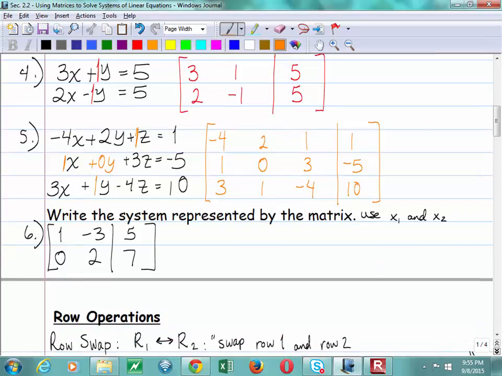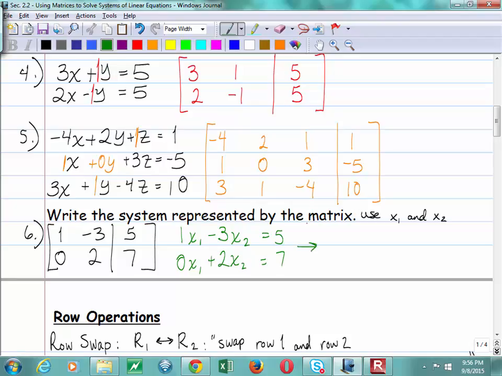Alright, and then number 6, we want to write down the system represented by the matrix, and in this case they've instructed us to use x1 and x2 for our variables. So that would just be 1x1 minus 3x2 equals 5, and 0x1 plus 2x2 equals 7.